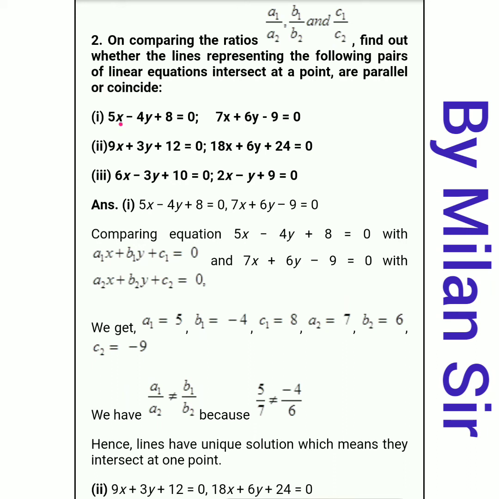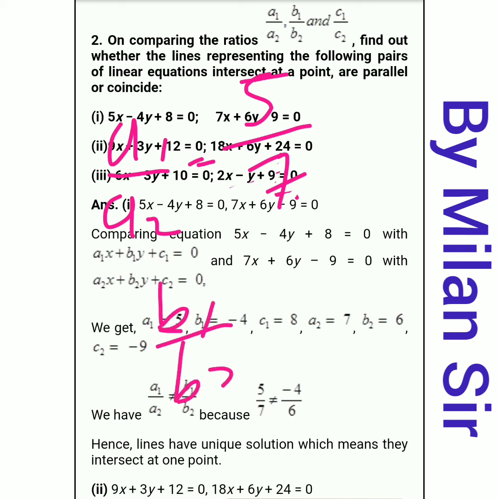First thing, find A1 upon A2. A1 is 5 and A2, sorry, A2 equals 7. So our A1 upon A2 is 5 upon 7. Now find B1 upon B2.